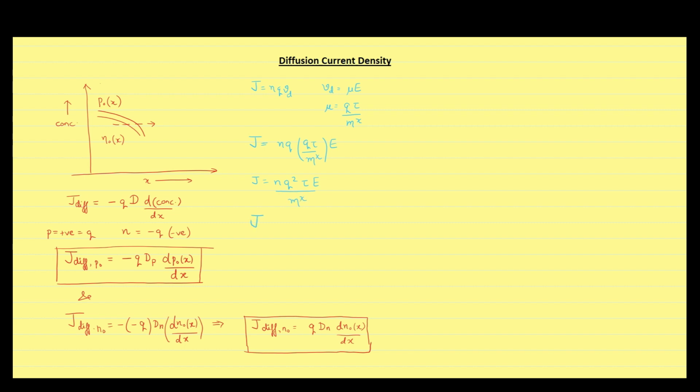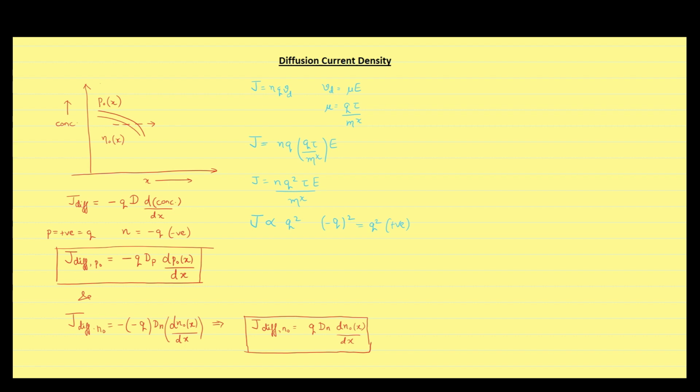you can see that the drift current density is actually proportional to the square of the charge present on a charge carrier, meaning that even if we take free electron into consideration, where the charge will be negative q, since we have to square it, the net impact will be positive.